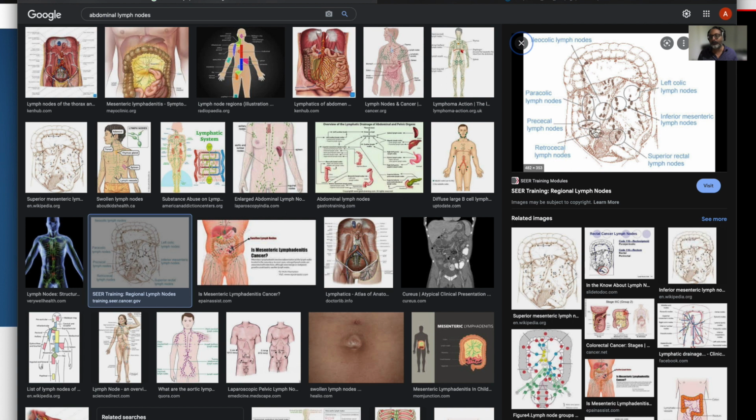Then there are also lymph nodes that drain the appendix. They're appendicular lymph nodes, cecal lymph nodes. Sometimes their names are different in different nomenclature. And then, even though the ileum and the jejunum are removed from here, in their mesentery there are also lymph nodes. So there are ileocolic lymph nodes that are close to the colon, then ileal lymph nodes, then jejunal lymph nodes.